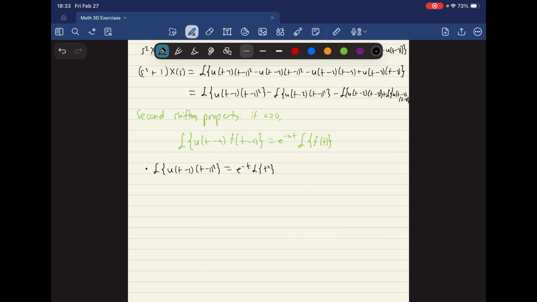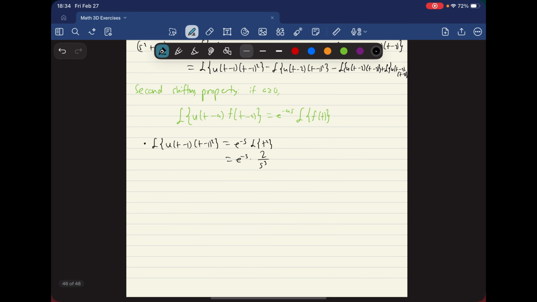Sorry, not e to the minus t, these are supposed to be s's. And this in turn is going to be e to the minus s times 2 over s cubed. Okay.